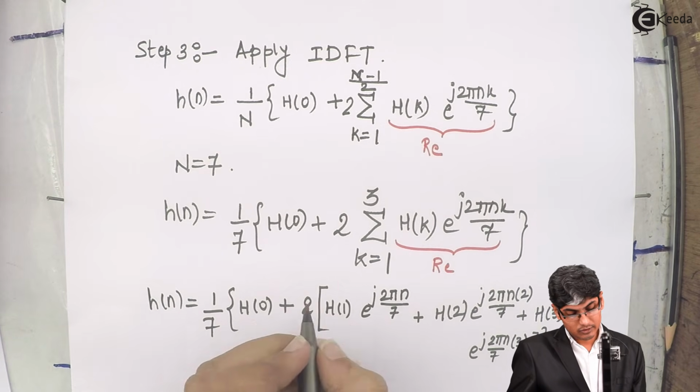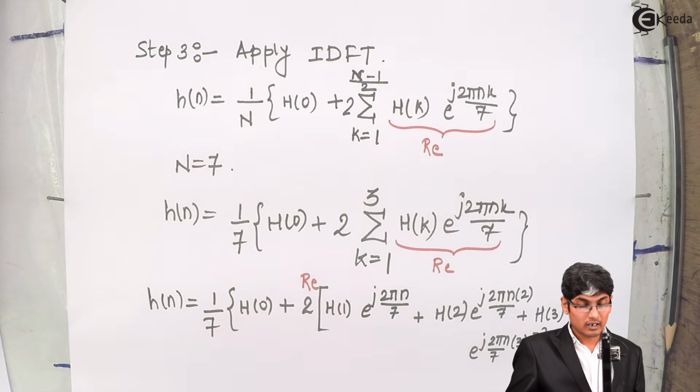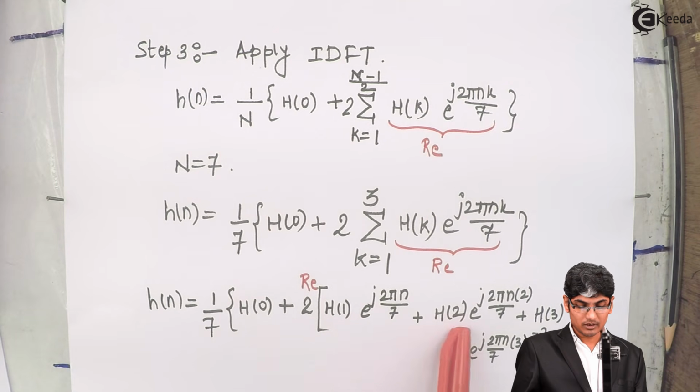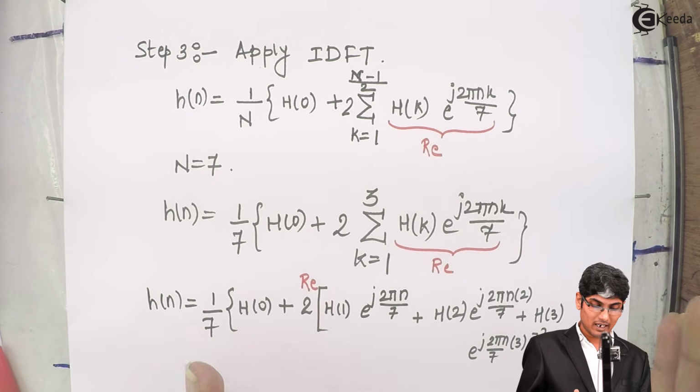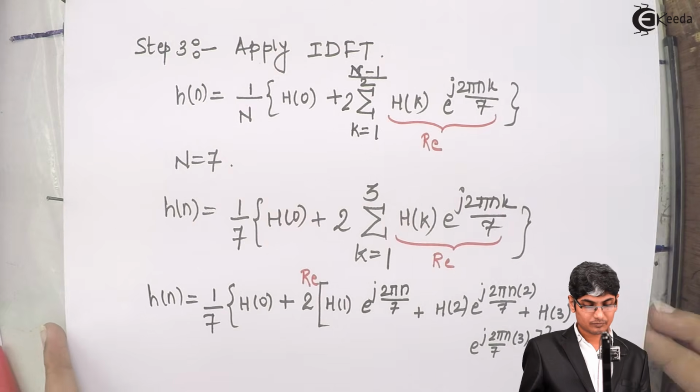After 2, I should never miss that it is the real part of this product. So real part of this plus real part of this plus real part of this, or you do all the calculations and take only the real part.